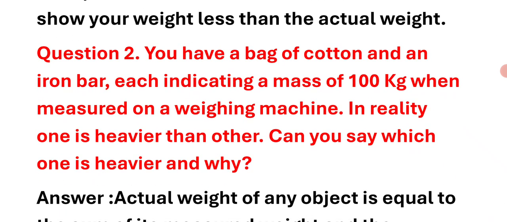Question number 2. You have a bag of cotton and an iron bar, each indicating a mass of 100 kg when measured on a weighing machine. In reality, one is heavier than the other. Can you say which one is heavier and why?